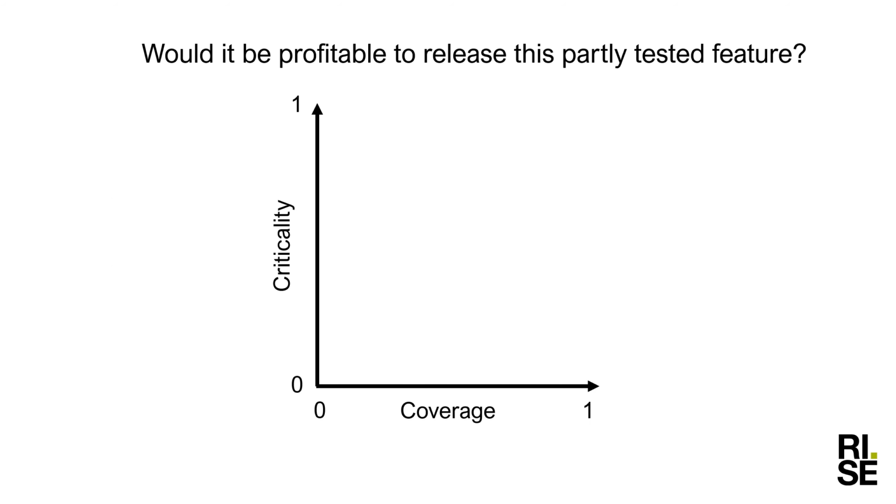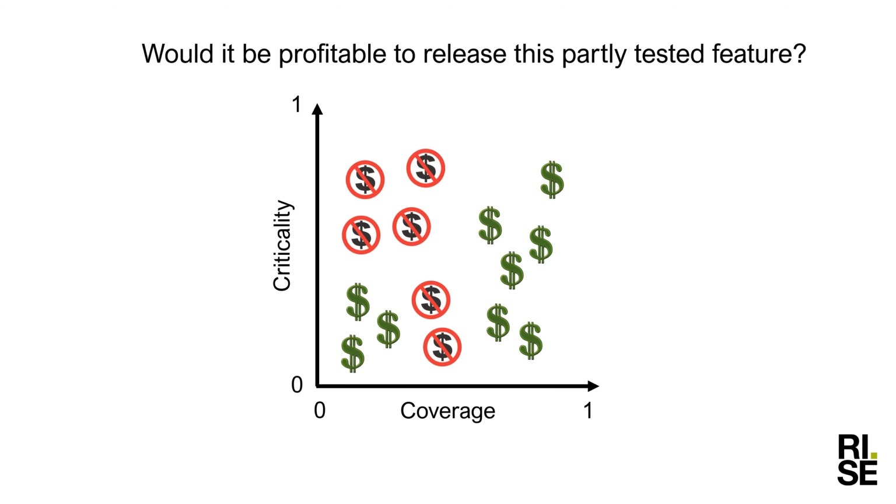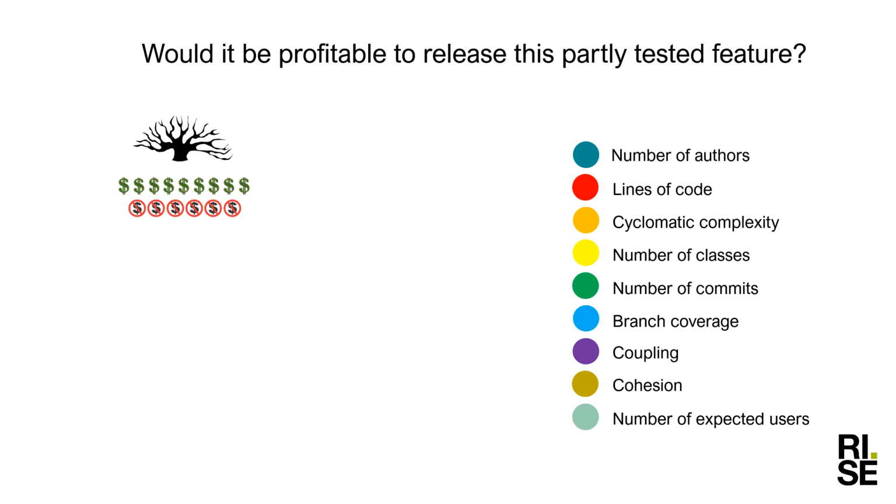And I will now again show you the same example here with whether or not it would be profitable to release a partly tested feature represented by coverage and criticality as the two variables here. And now this is how you learn an individual tree in a random forest.